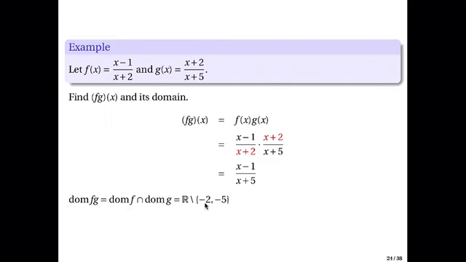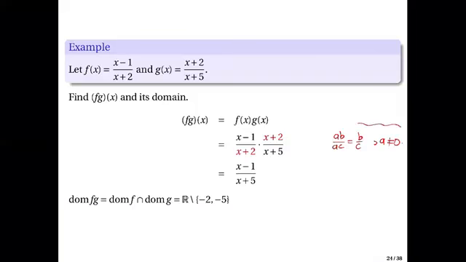That's why you also remove negative 2. Furthermore, if you have this expression, take note that you can only cancel x plus 2 with this x plus 2 if it is not equal to 0. Remember this property: AB over AC is equal to B over C, but your A must not be equal to 0.